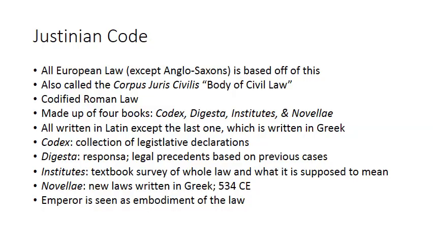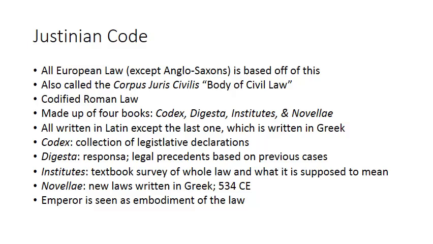Justinian Code. Almost all European law, except for Anglo-Saxons, is based off of this. It was a codified Roman law. There were multiple laws that were from the Western Empire and Rome, and we'll talk about that. And so there are multiple parts of this Justinian Code. But ultimately, Justinian kind of helped codify it and consolidate it into a few collections here.